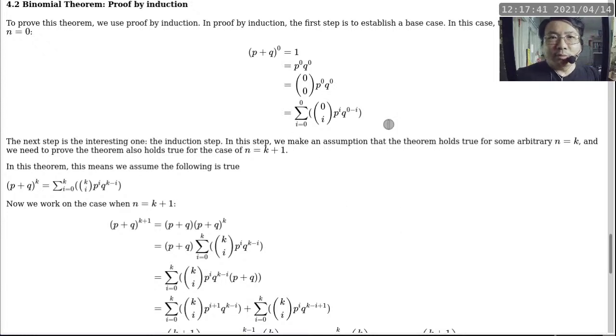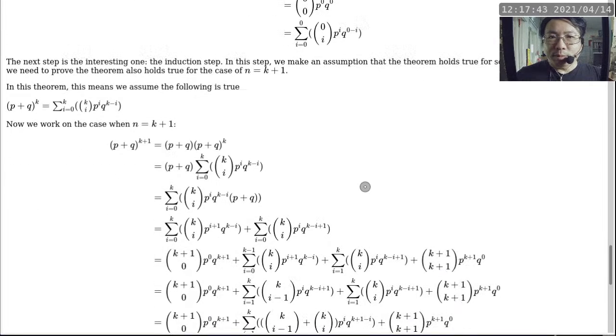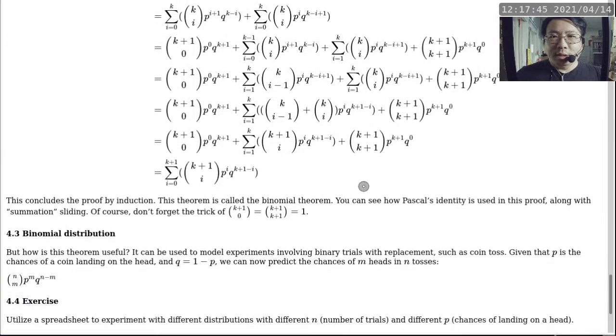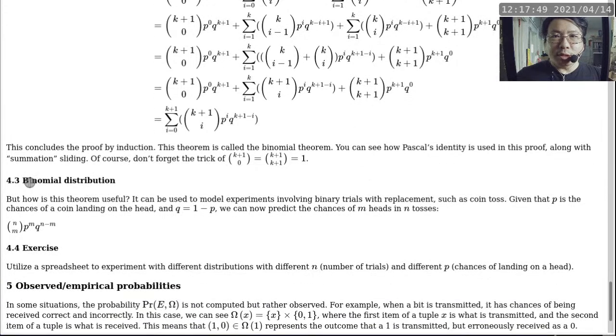All right, so now that we are done with proof by induction, what we'll do is continue to talk about binomial distribution.